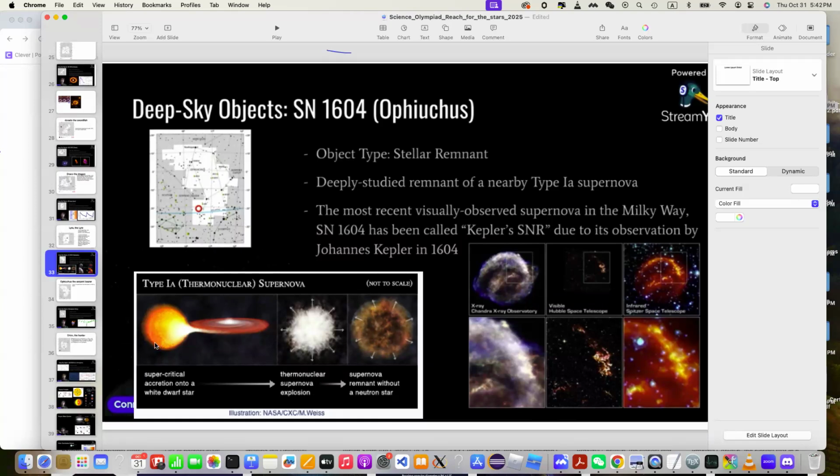When this companion star reaches some stage, for example a red giant or supergiant, it expands, and some of the gas will be accreted onto the white dwarf. So the white dwarf grows bigger and bigger until at some point it's big enough to trigger a nuclear supernova explosion. That is why the mass is exact.